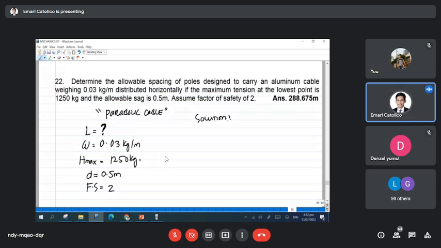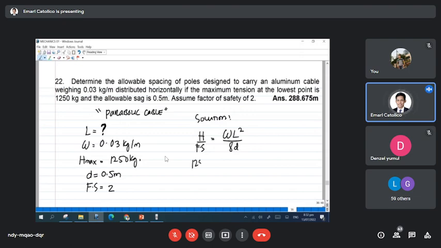Since we are carrying a load, we consider the factor of safety. The formula for our H is omega L squared over 8d. We have omega, we have L, we have d, so this is mostly direct substitution. Since we have a factor of safety, our formula becomes H over factor of safety, which is 2, equals omega L squared over 8d.